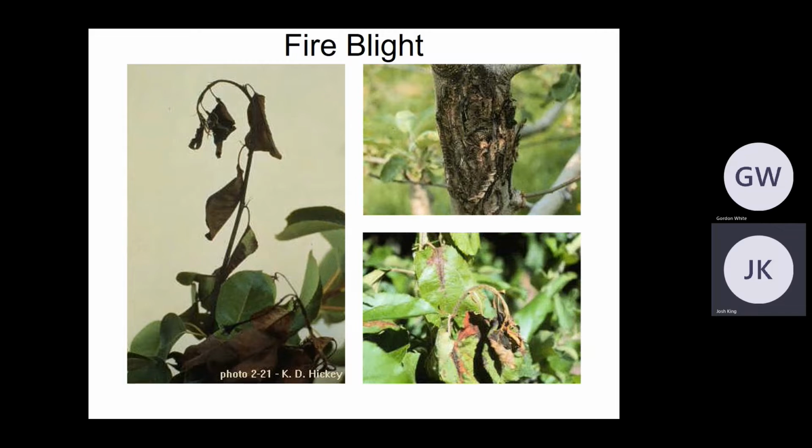Fireblight. This is probably one of the most serious diseases that we deal with. It attacks plants in the rose family. So, in our climate, cotoneaster, mountain ash, apple species, both crabapple and eating apples, and pear.